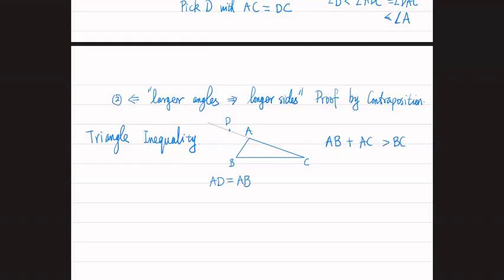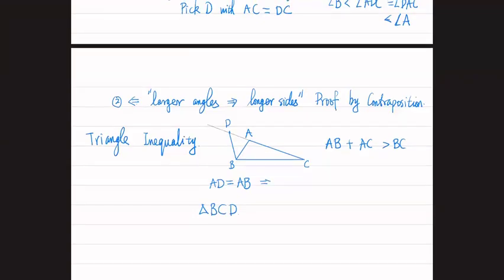Then we construct the triangle BCD. This implies AB plus AC equals AD plus AC, which is just CD.